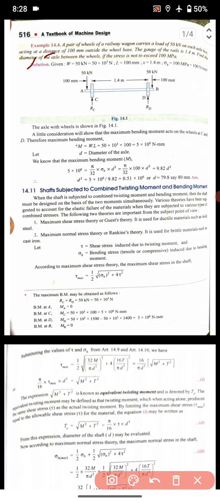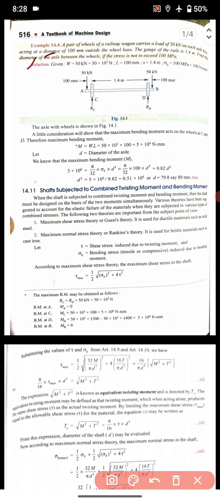The gauge of rail is 1.4 meter. It is the distance between the rails, and the distance is measured from the center of the wheel.